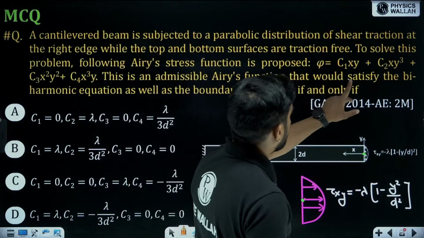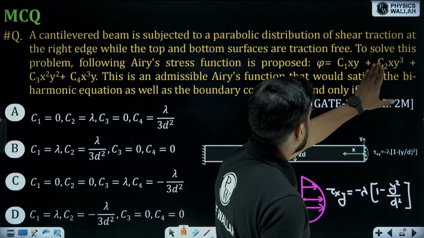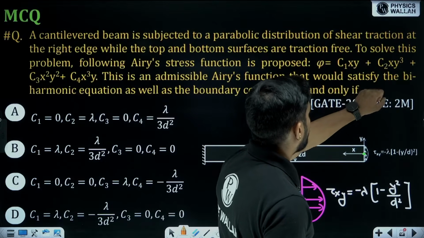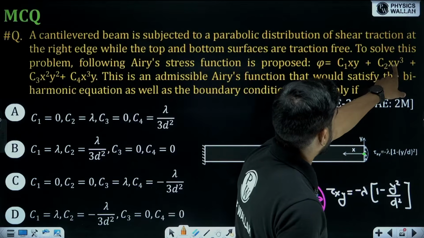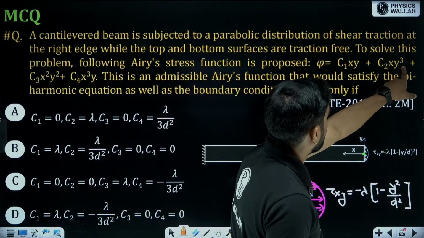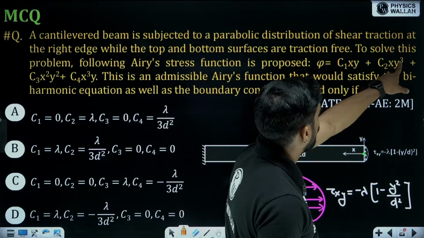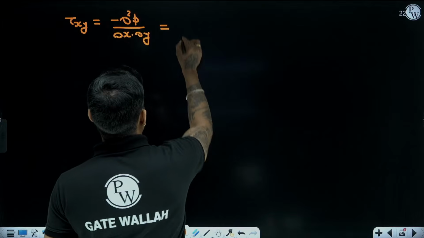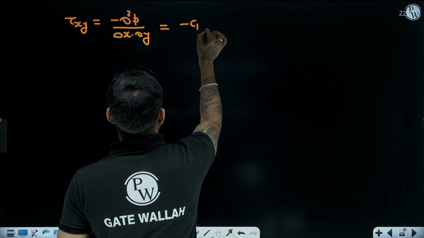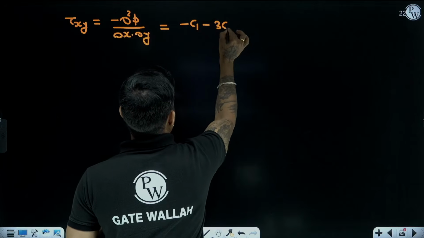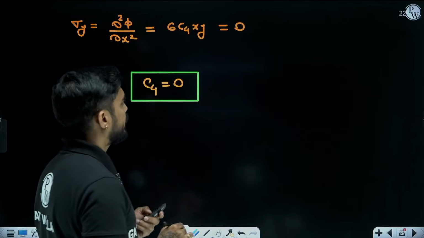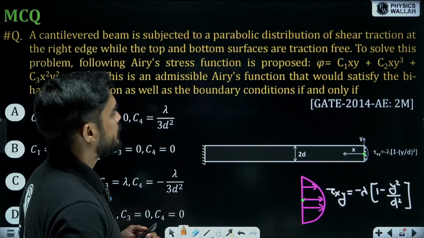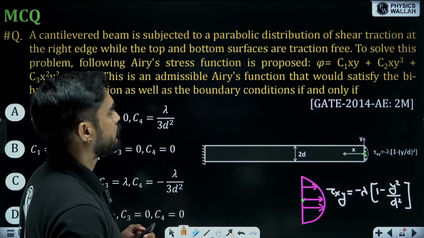If I differentiate it with respect to x and y, this will become minus C1. X will be gone here. This will become minus 3 C2 y square. Right? Minus C1 and minus 3 C2 y square.